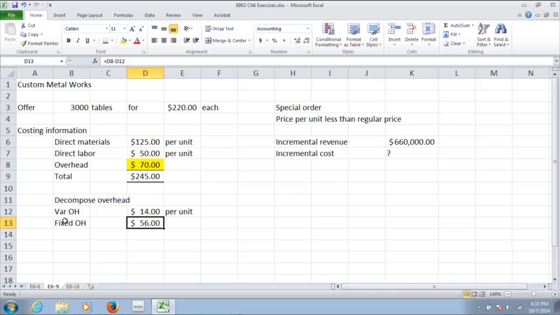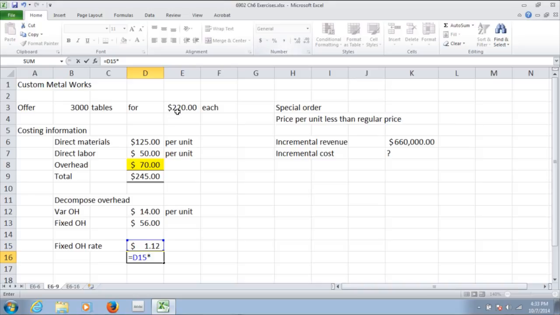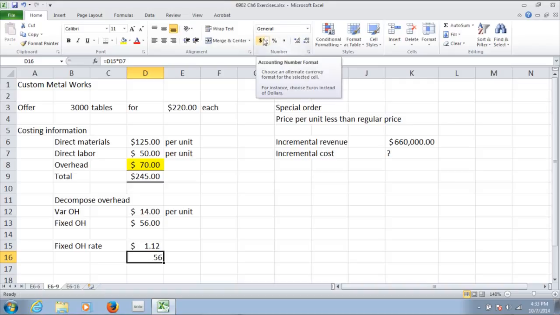So in other words, the rate for fixed overhead is $1.12 multiplied by direct labor, $50 per unit here, and that's where we get the $56 for the fixed overhead amount.